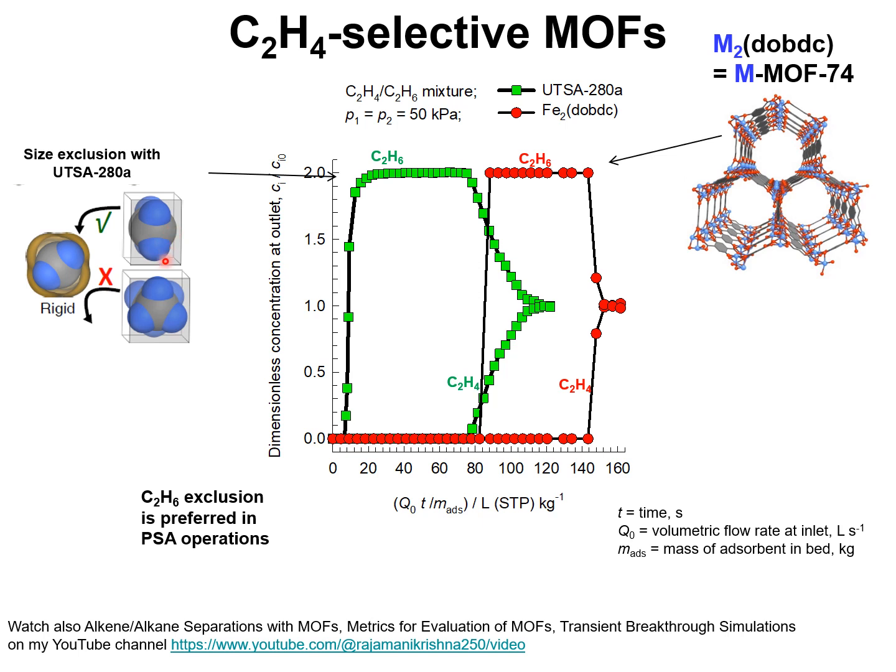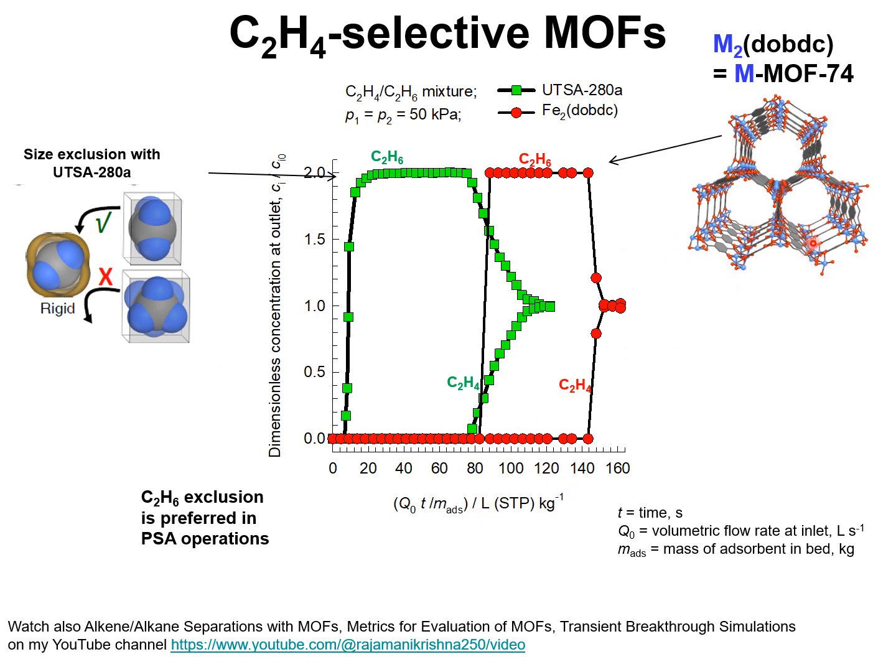Ethene is basically a two-dimensional molecule, and by tuning the shape of the pores, the pores of UTSA-280 can be made to only accommodate ethene while excluding ethane.